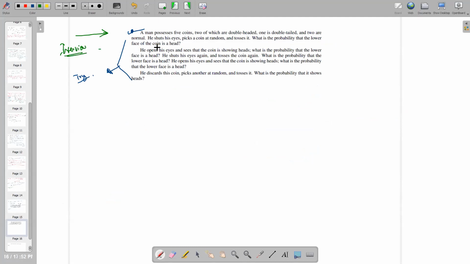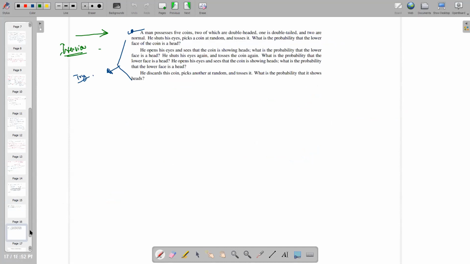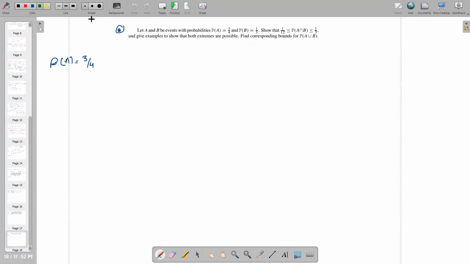So try this one, and also this one. Just note it down. These three are homeworks. Okay.